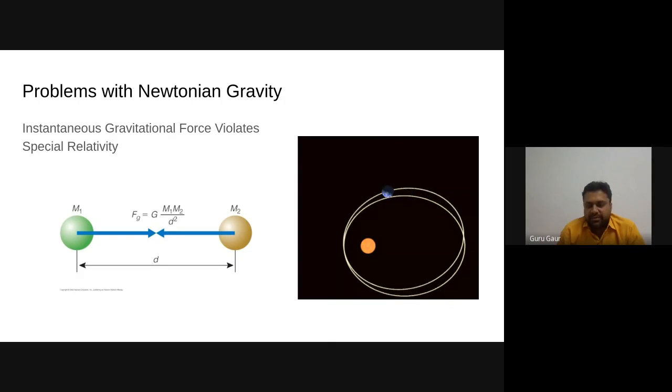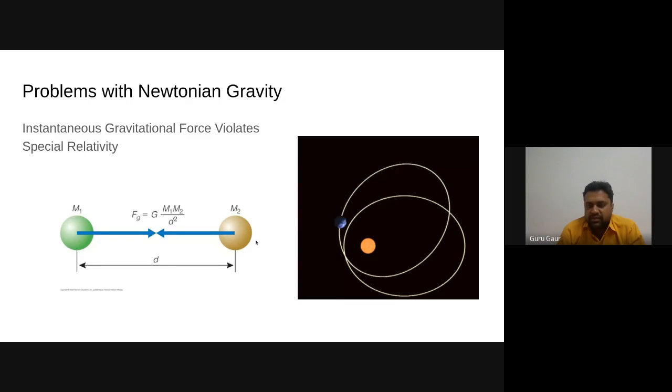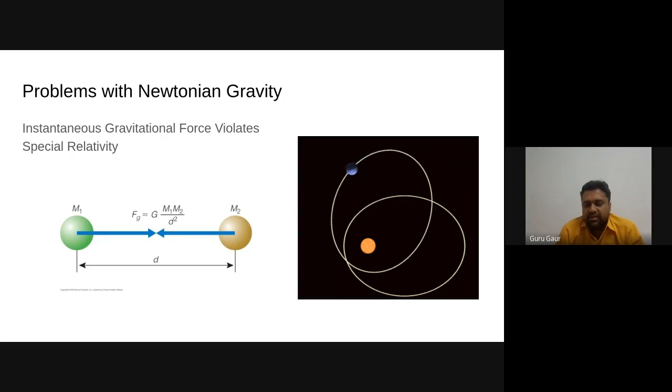But that does not happen, because Einstein said that the information that the Sun has been removed will travel to the Earth in a finite time. And that time will be the distance between Sun and Earth divided by the speed of light. The speed of light is the ultimate speed. Nothing can travel faster than this.